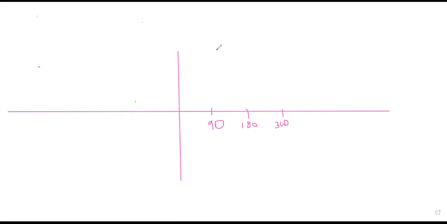Use dotted lines from here to here. Don't draw like me. I don't have the option to use dotted lines, so I'm just using full lines. It is easier to draw the graph if you sketch these dotted lines, and this is how you are going to sketch the graph. Here it's like that, and here it's going to come like this.